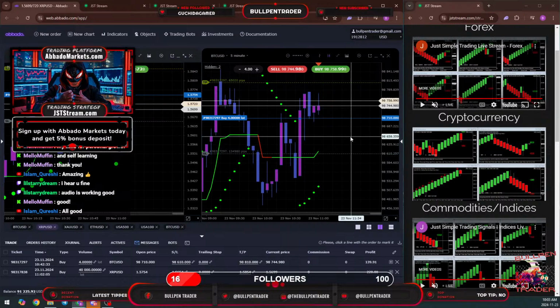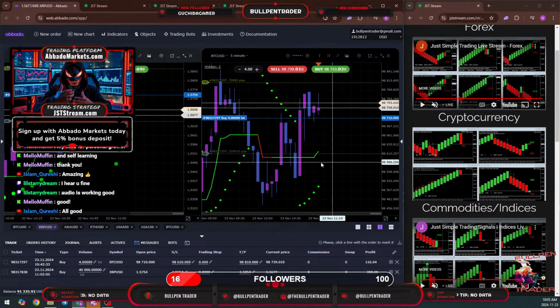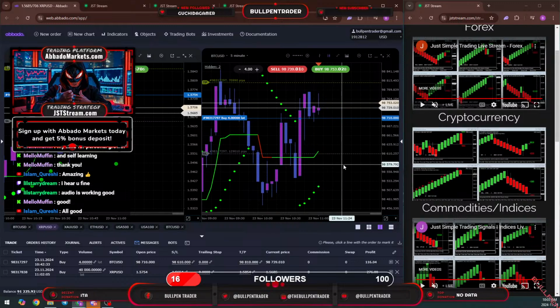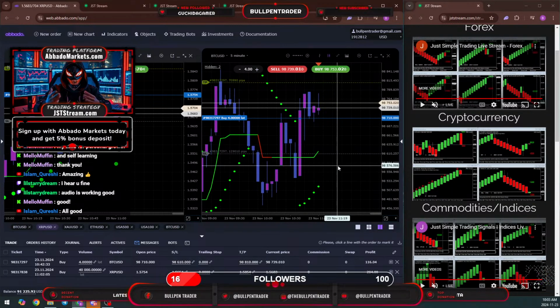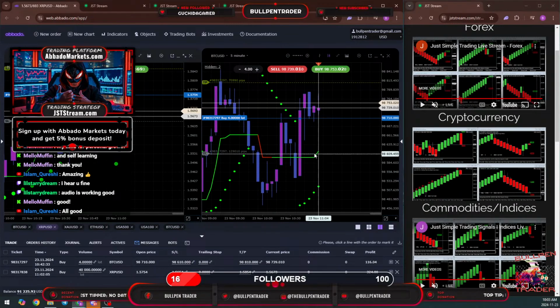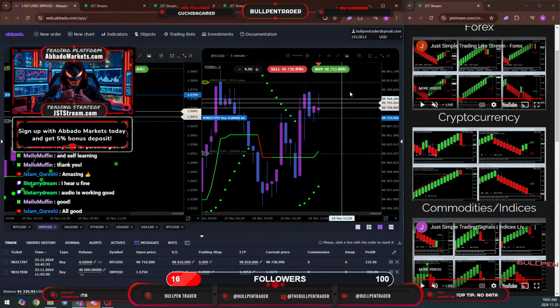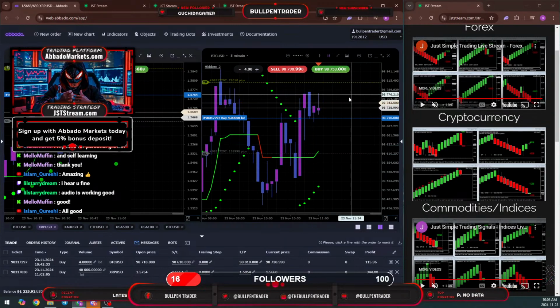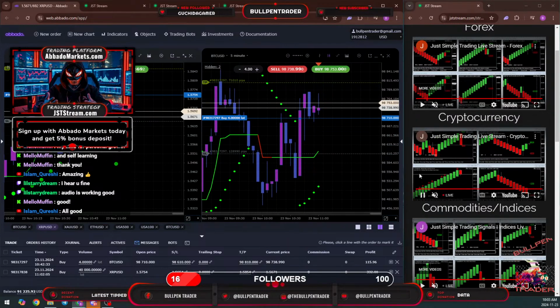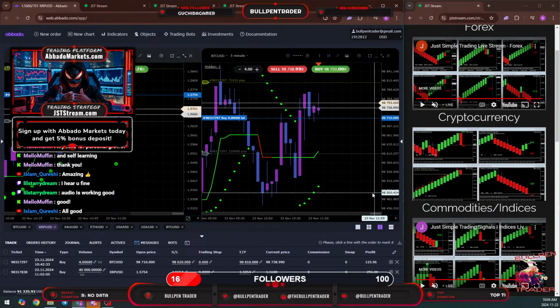But you don't always know if it's a reversal or a pullback until it actually happens. That's why you use these other indicators for confirmations, to help you figure out which direction it's going to go.